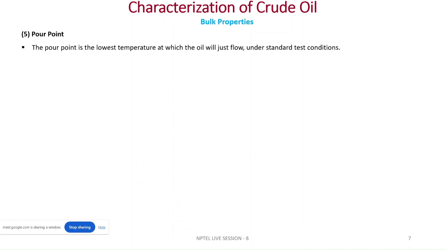So the pour point is the lowest temperature at which the oil will just flow under standard test conditions. The pour point of the oil is the indication of the temperature at which flow ceases.